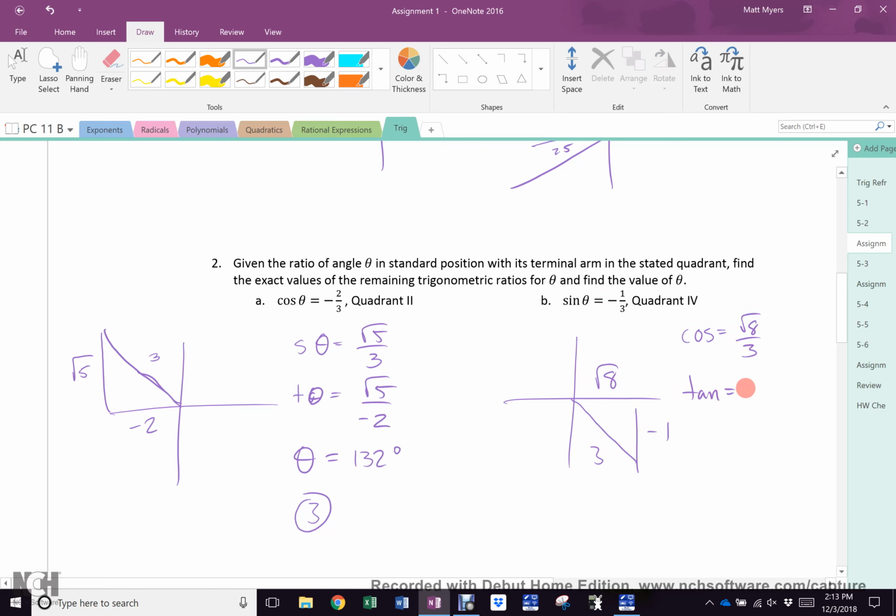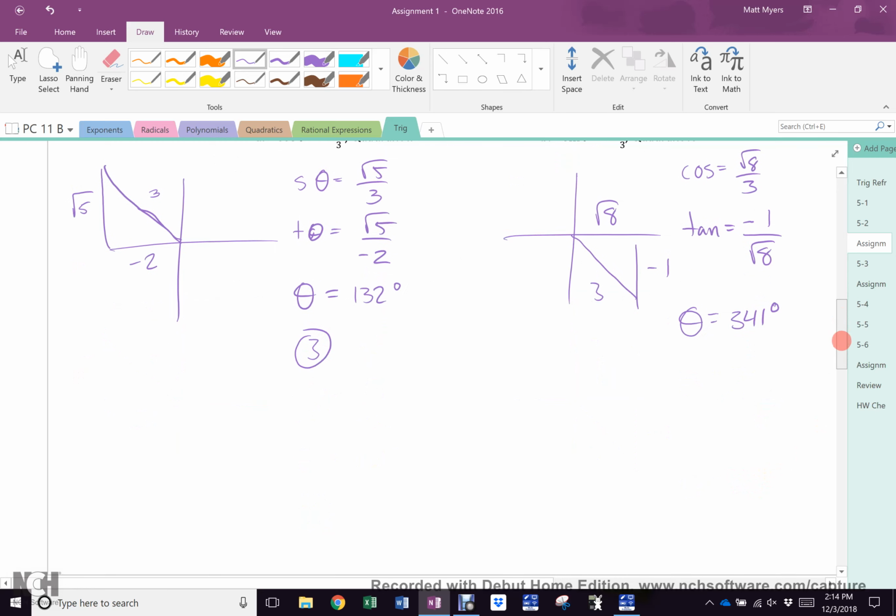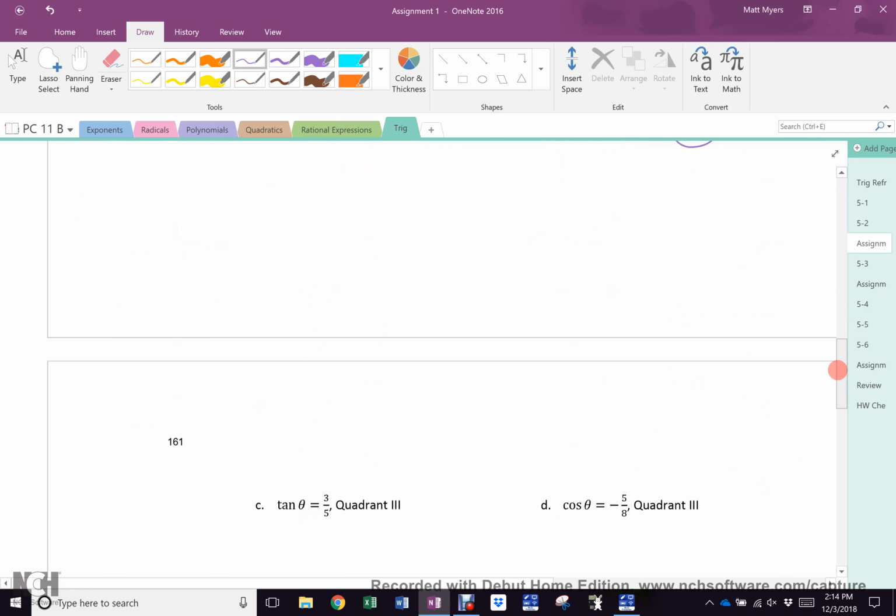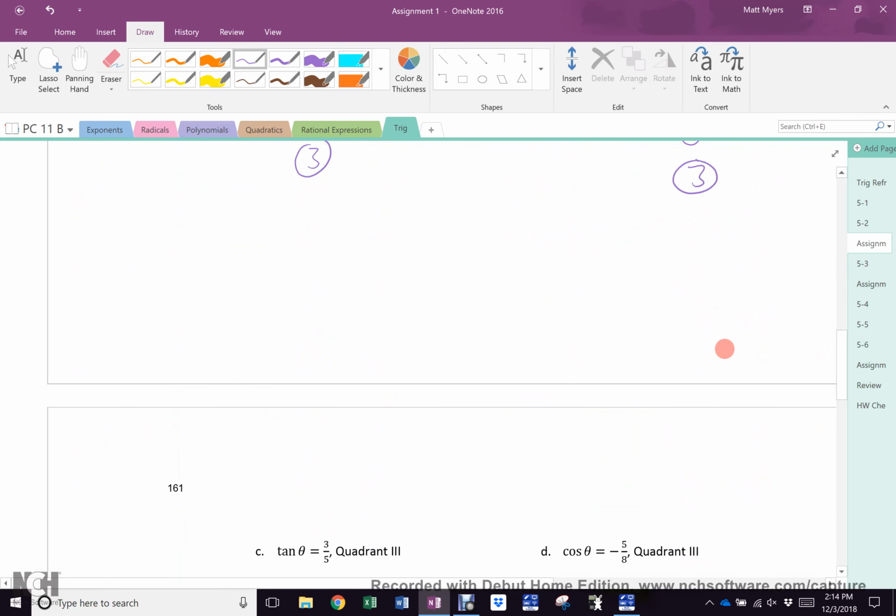Tan equals negative 1 over root 8. And theta is 19, sounds about right. So theta is 341 for 3 marks, making that page out of 10.